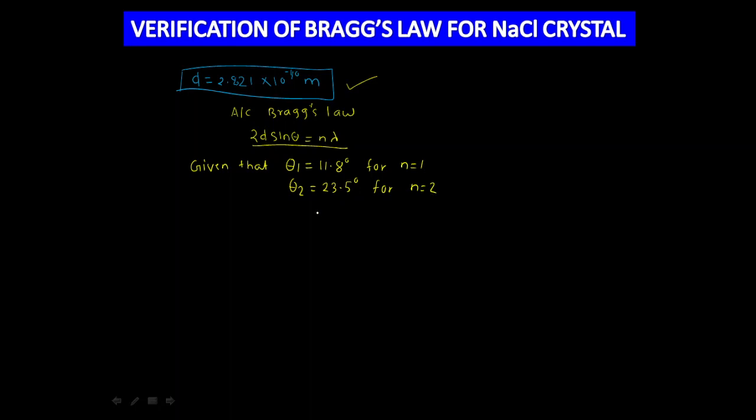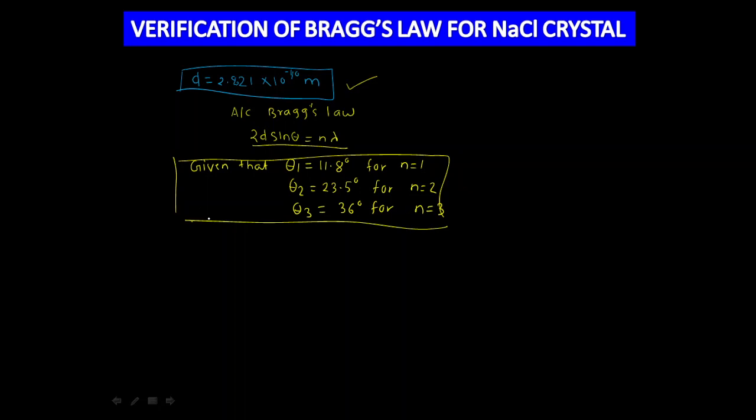These conditions are given. Theta 3 is nothing but 36 degree for n equal to 3. So we'll verify Bragg's law for those angles and for those orders of reflection.